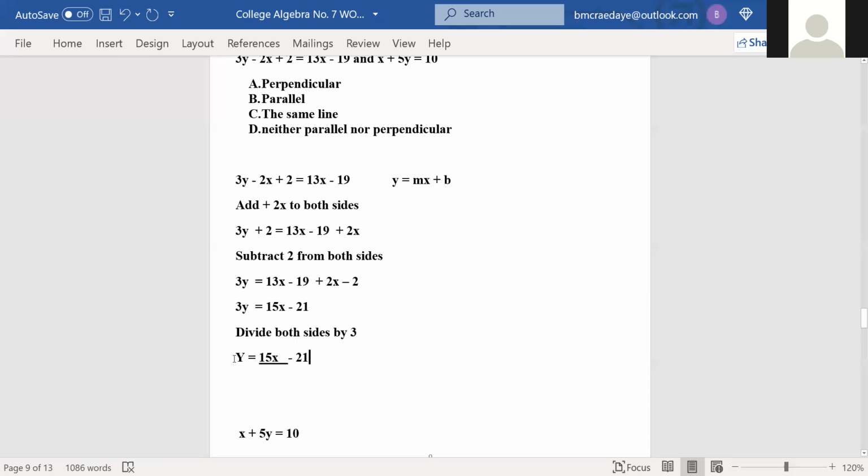So this will be y, little y, and I'll put the 3 underneath the 15x and a 3 under the 21. Let me put an underline there.